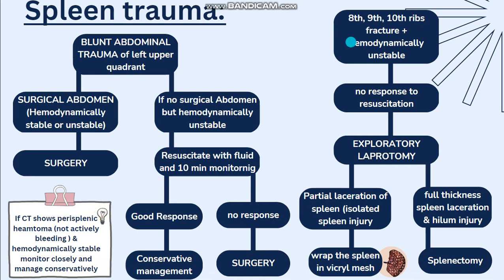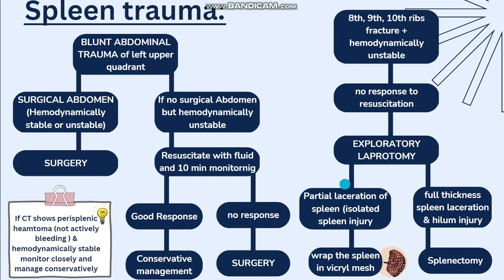If patient comes with 8th, 9th or 10th rib fracture and patient is hemodynamically unstable, you can again give a trial of resuscitation. But if no response is present, you will go for exploratory laparotomy. Then if you get partial restoration of spleen and it is isolated splenic injury, you should try to preserve spleen. You can do it by the help of vicryl mesh.